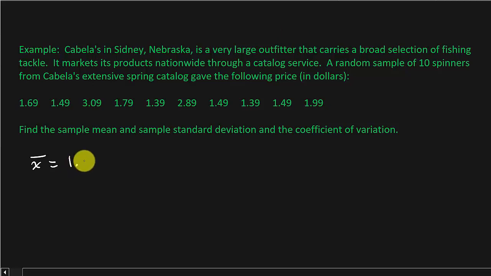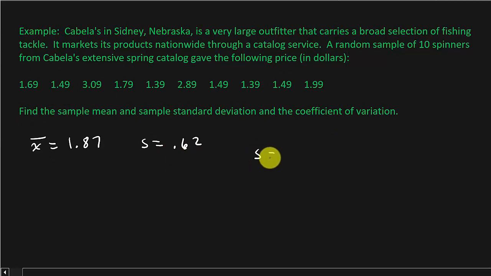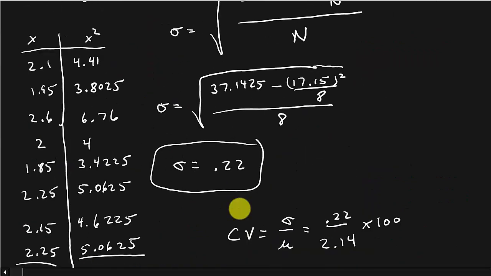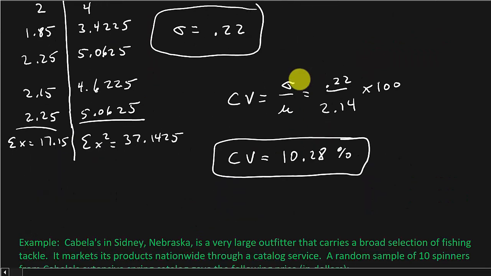So that mean is $1.87, and then the standard deviation, notice I'm using S for sample standard deviation, is 62 cents. And I want you to note that for this standard deviation, I'm using sum of x squared minus the sum of x squared over n, small n, divided by n minus 1. That's the formula we're using to calculate that standard deviation. Okay, and it's the same process. You'll make the chart out and everything and just pop everything into the formula.